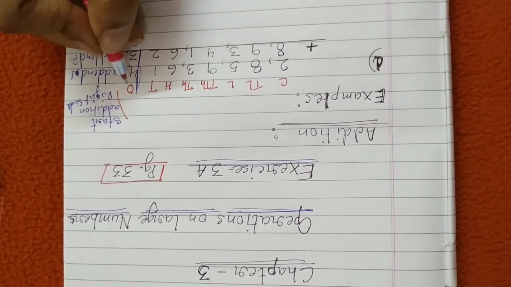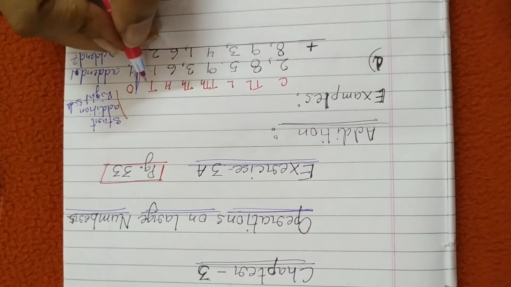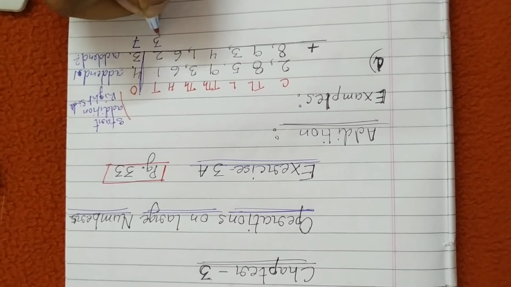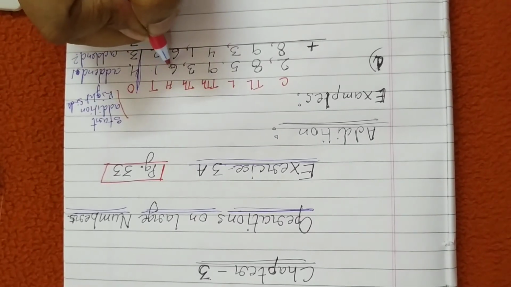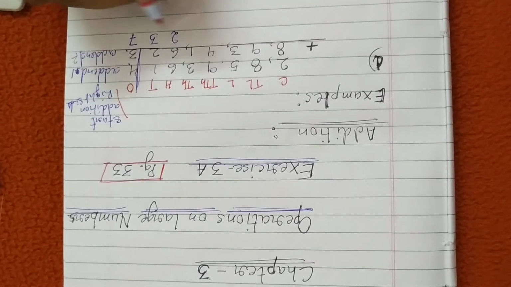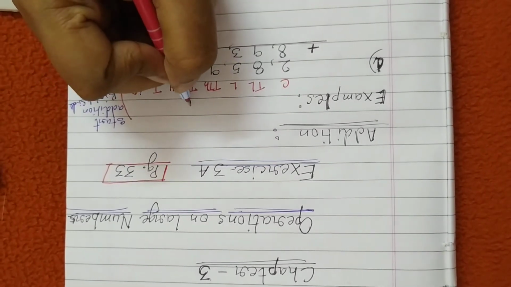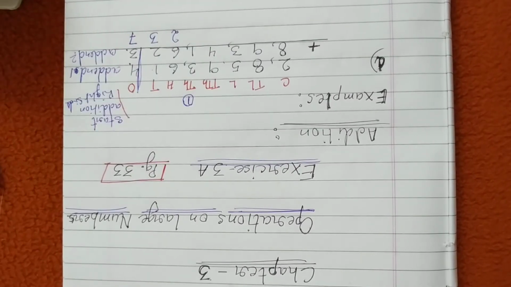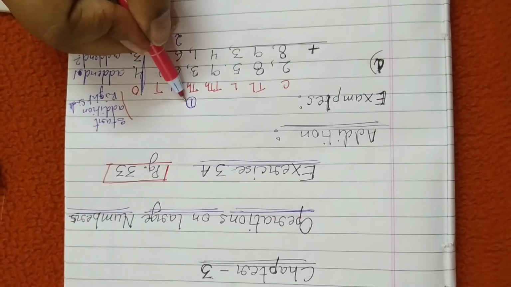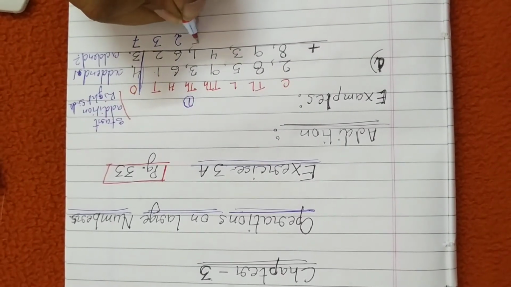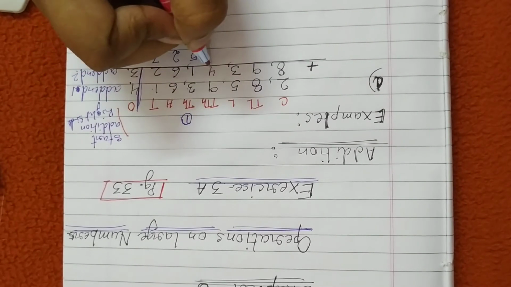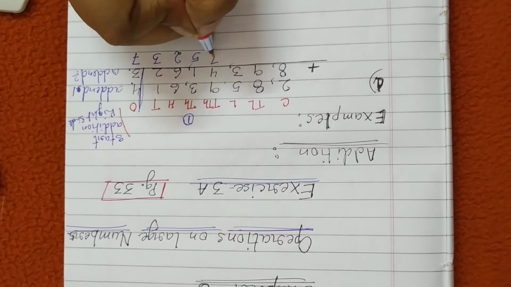After adding the ones column, move to the tens column. 1 plus 2, 3. Now move to the hundreds column. 6 plus 6, 12. I'll be writing 2 here and 1 will carry over. So 3 plus 1, 4, carry 1, 5. Here will be 5. Then 9 plus 4, 13.